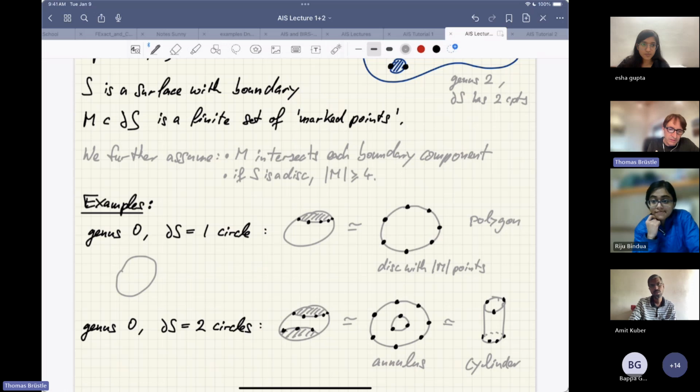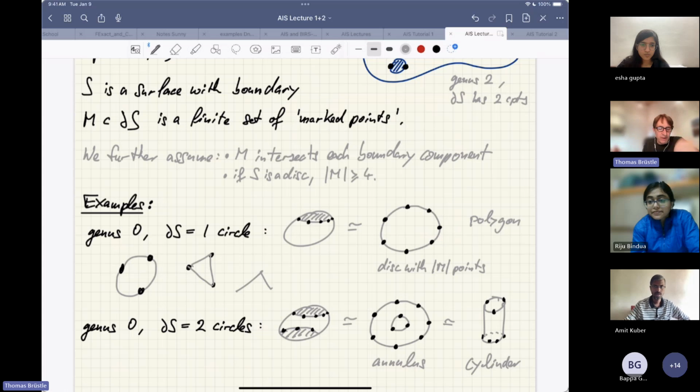I would like to draw the circle with three marked points. I would like to be able to draw it like so. Okay. But in general, my curves can make those moves. Yeah, I mean, I don't want them to be smooth. Okay. This is all.